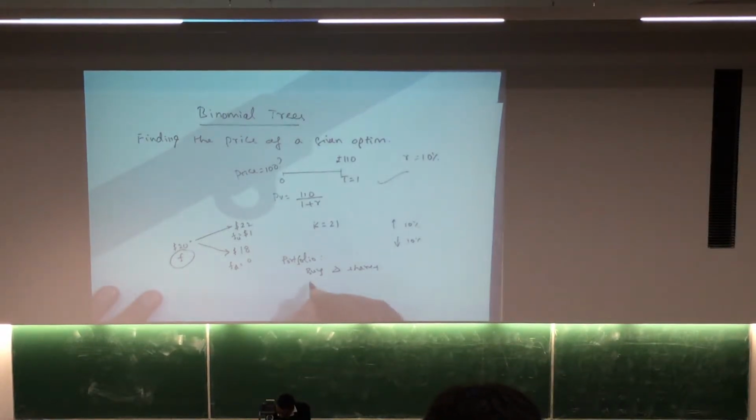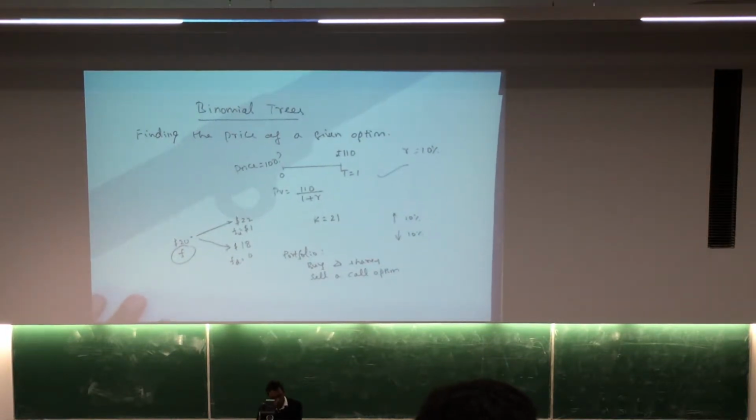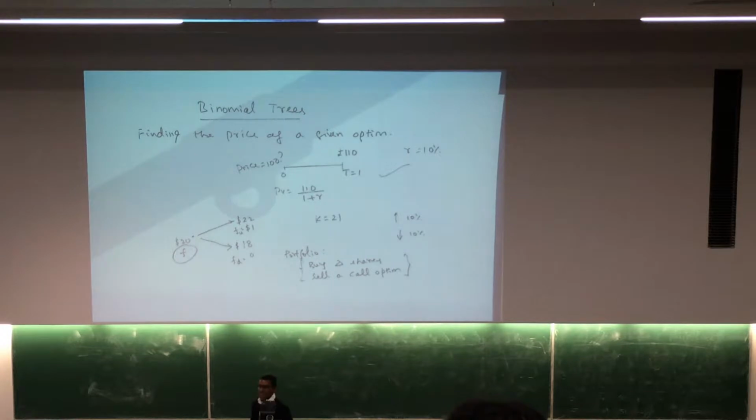and I sell a call option. If this is the case, what is the value of this portfolio? I think by now you understand portfolio. A portfolio is nothing but a collection of securities. In this case, I have two components.